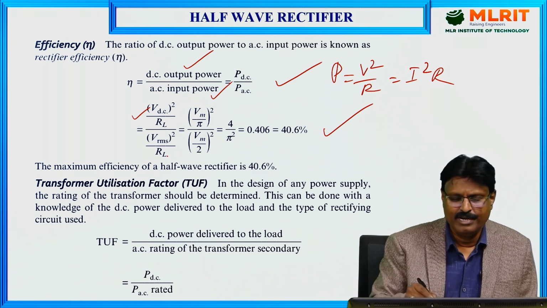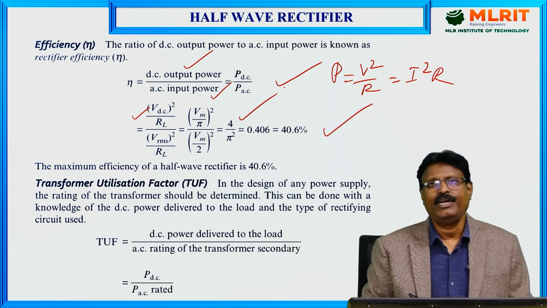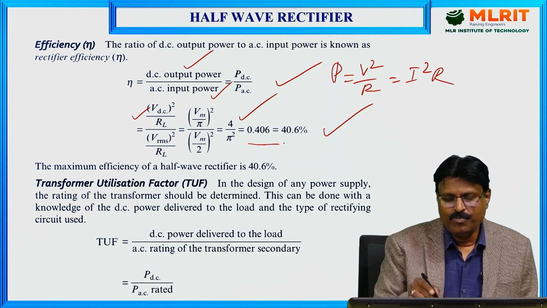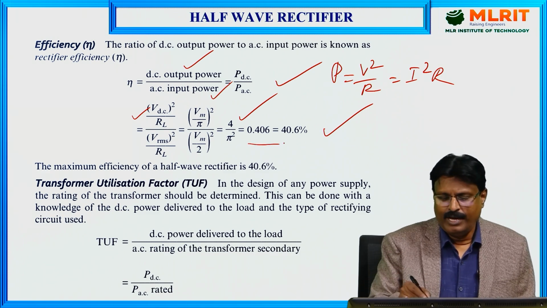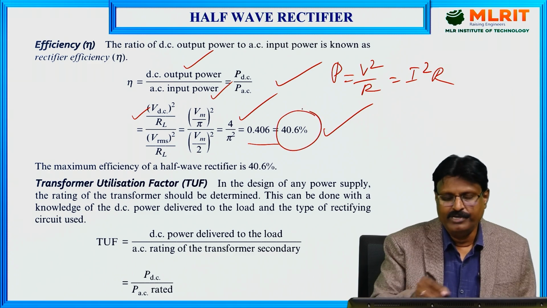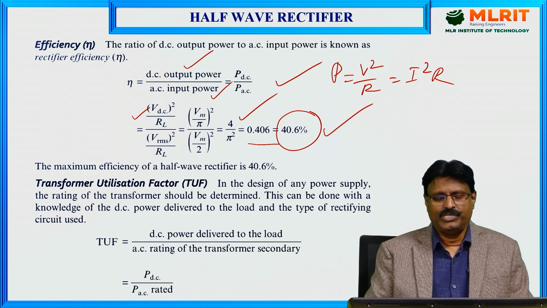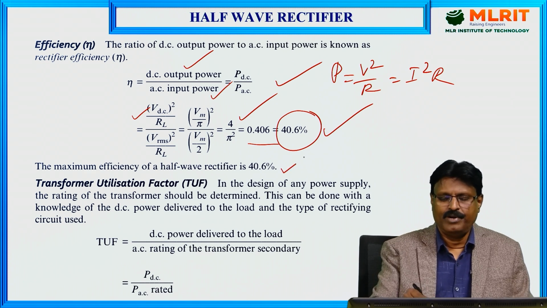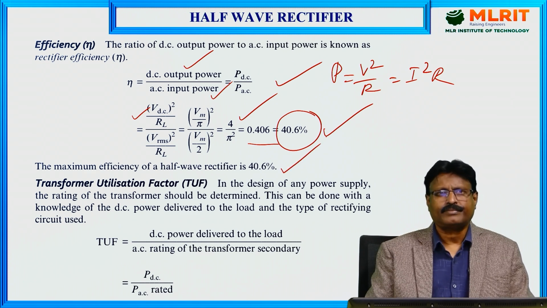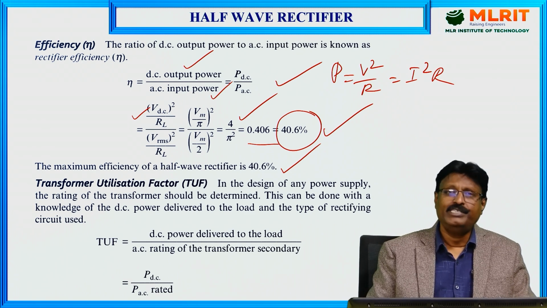Vm will be cancelled, and you will be getting 4 by pi square, which is equal to 0.406. In terms of percentage, into 100, you will be getting 40.6. So the maximum efficiency of half wave rectifier is 40.6 percent.